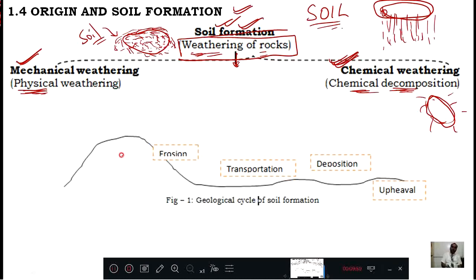Now that process can be easily explained. I will take one rock here. This is a rock. I will consider the mechanical process first.